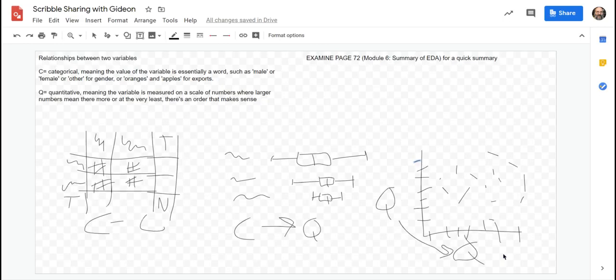So category to category, just count them, table. Quantitative to quantitative is a continuum of values, left and right versus up and down, not just you're a smoker, you're a non-smoker.